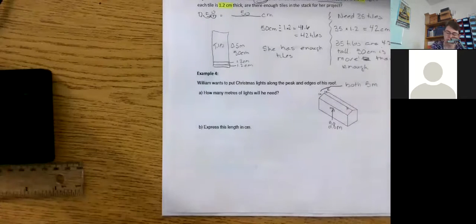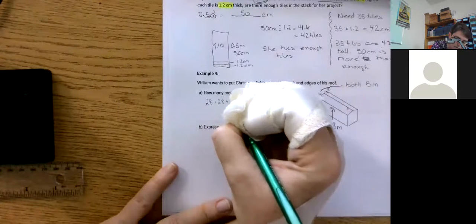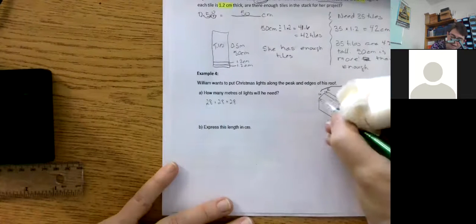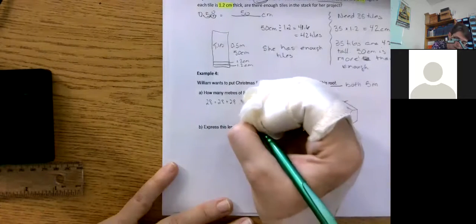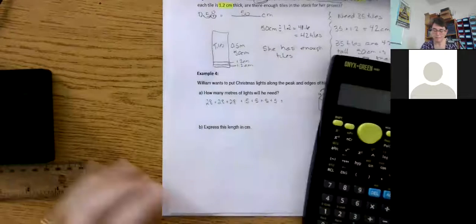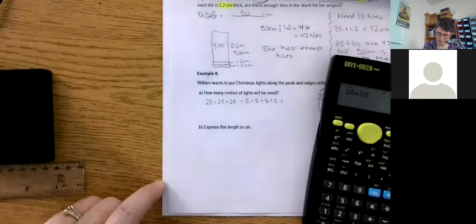So there are a number of ways we can do this. We could just go 28 plus 28 plus 28. That's this one and this one and this one. And then we've got a 5 here and a 5 there, and I'm going to assume that the building is square, and a 5 here and a 5 here. And that should give us our answer. 28 plus 28 plus 28 plus 5 plus 5 plus 5 plus 5.